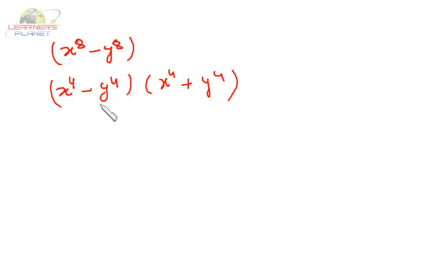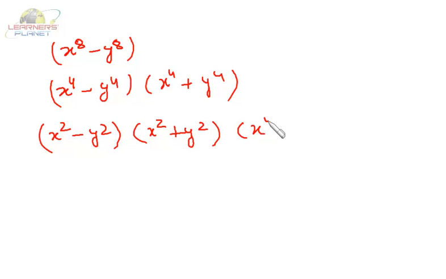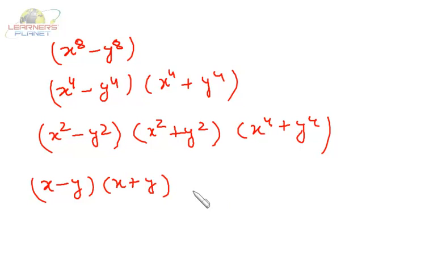Then this can further be factorized as x square minus y square. Further, the power is halved, and x square plus y square, copy it as it is. Now further it can be factorized by halving the power. Copy these as they are.